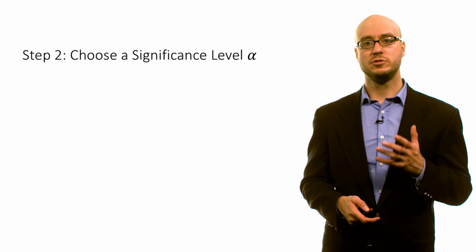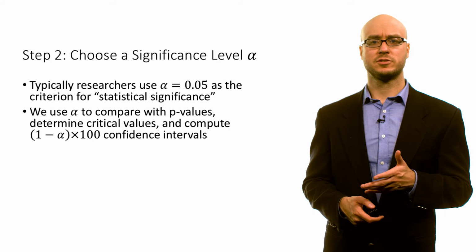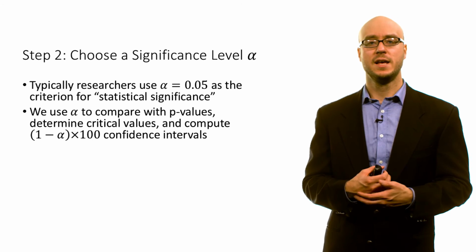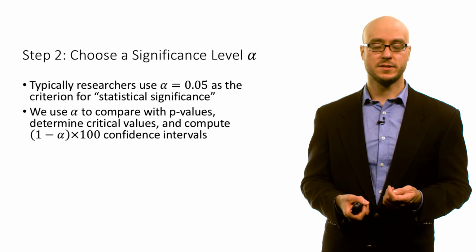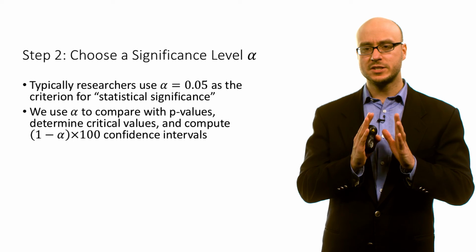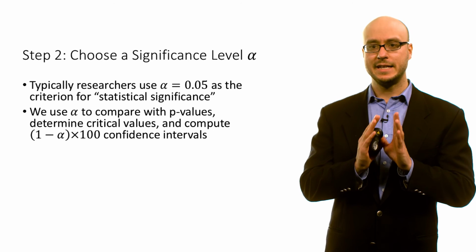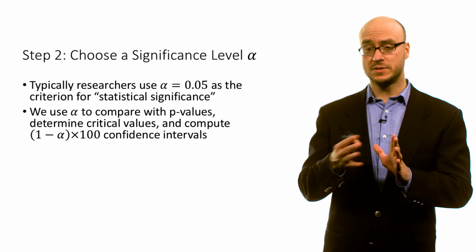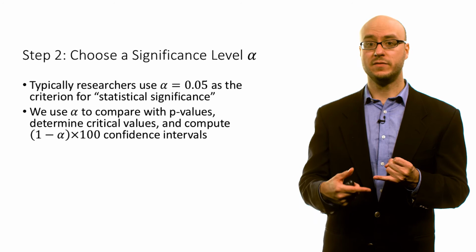Then you choose a significance level alpha. Again, typically researchers use alpha of 0.05, and this is the criterion for what we call statistical significance. This is very important because our level of alpha determines, in some sense, our conclusions. We use alpha to compare with our p-values.